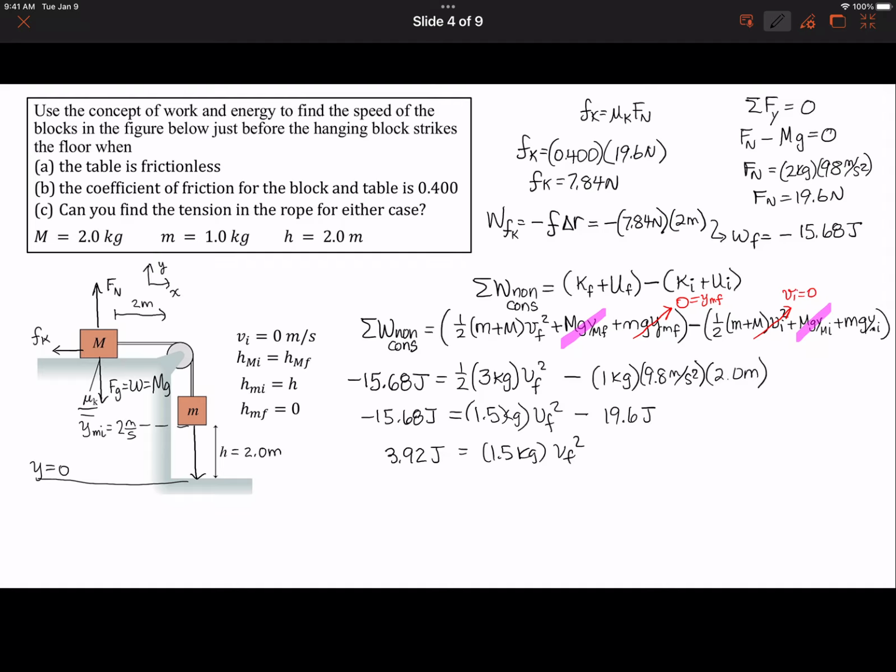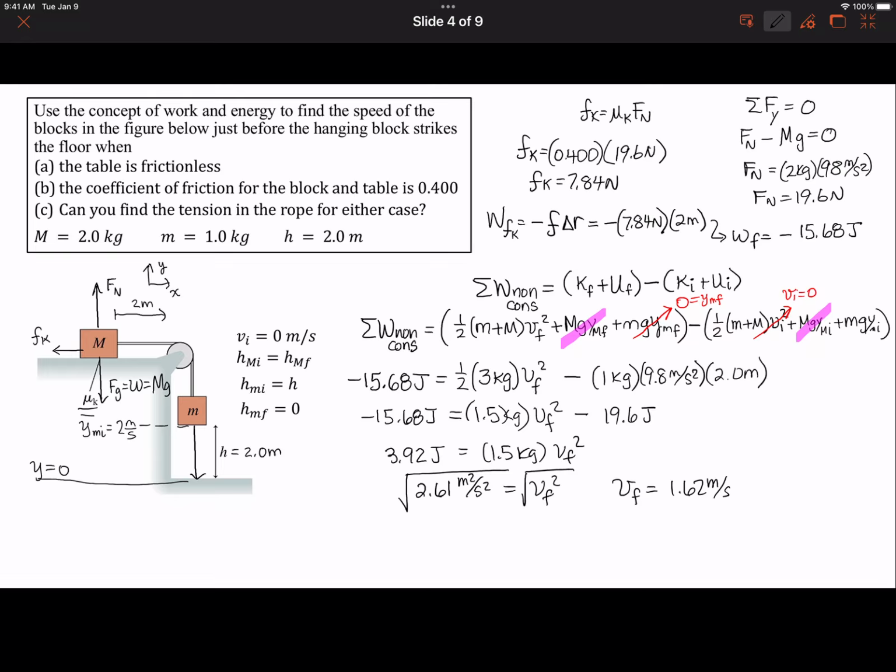And now I can divide both sides by 1.5, and I get 2.61. And then finally, I can take the square root, and I get that the final speed is 1.62 meters per second. And that's the final speed of both masses right before the hanging mass reaches the ground.